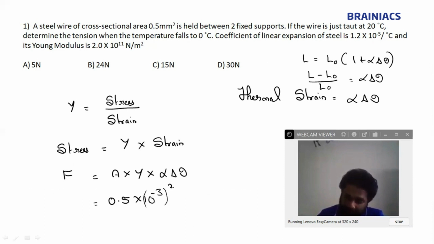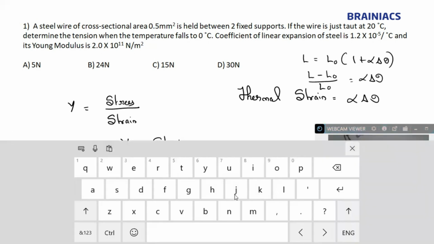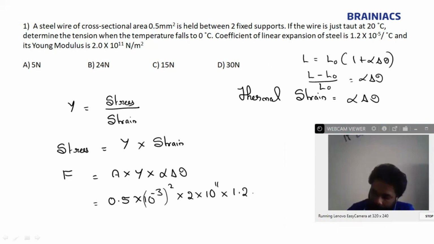Now its square we will have to take since it is area, into Young's modulus, which is given as 2 into 10 raised to 11, into the coefficient of linear expansion of steel, given as 1.2 into 10 raised to minus 5, into the change in temperature, which is from 20 to 0, so the change in temperature is 20.